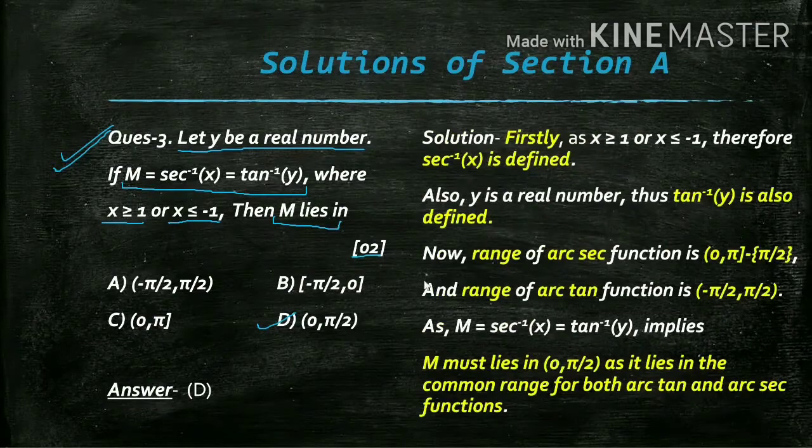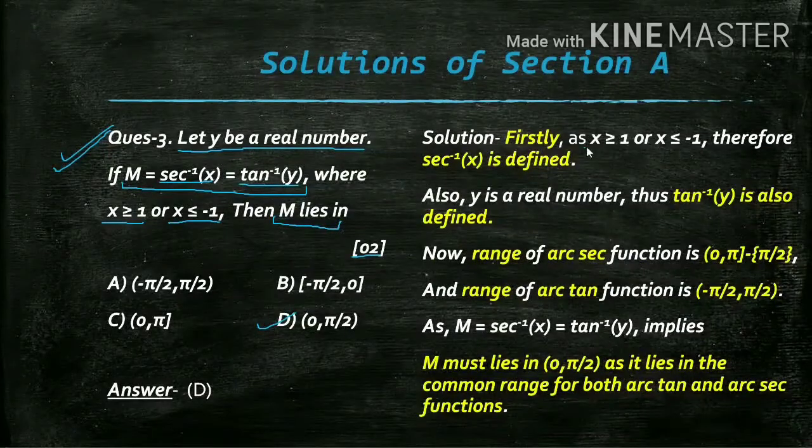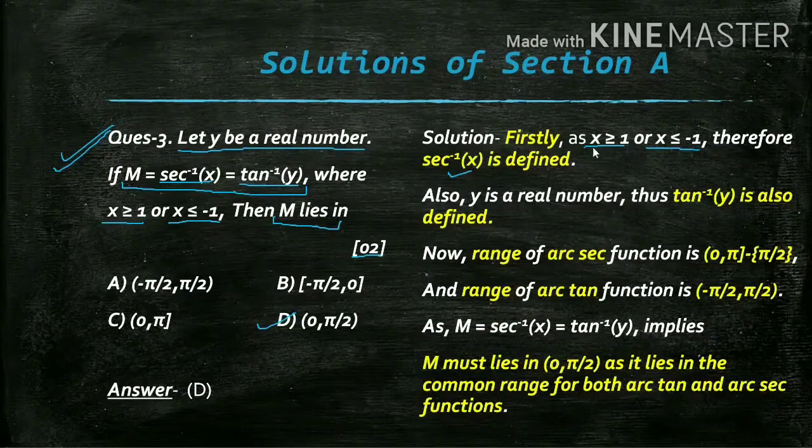As I always told you, whenever you see this inverse thing, you need to first see whether it is defined or not before proceeding further. So firstly, it is given that x is greater than or equal to 1 or less than or equal to minus 1. That means sec inverse x is defined, because this is nothing but the domain of the sec inverse function, if you remember.